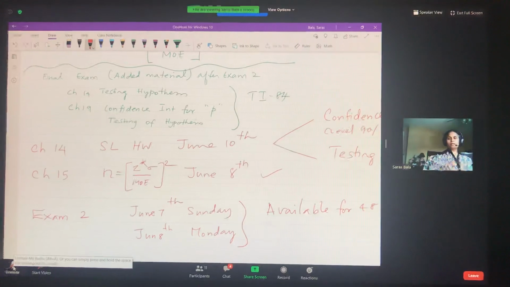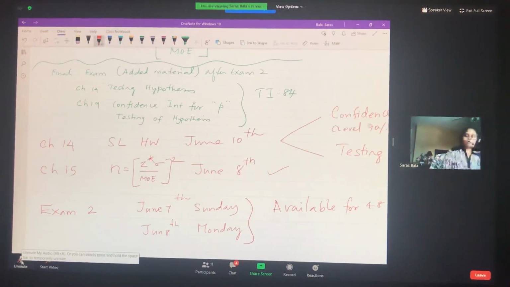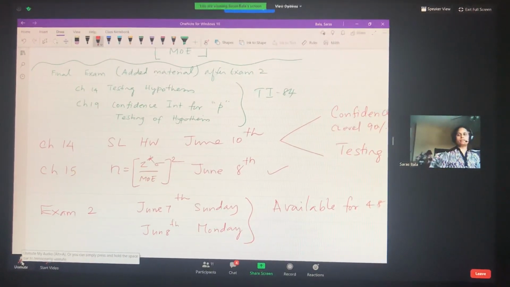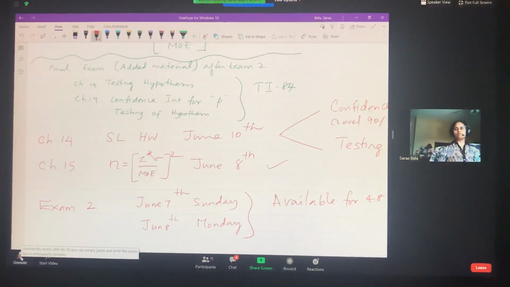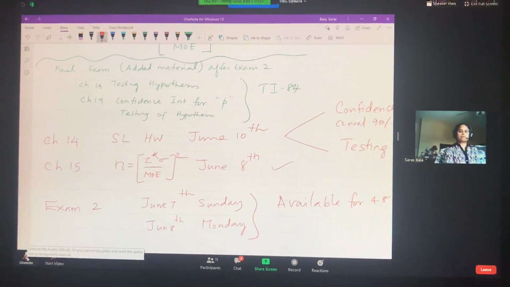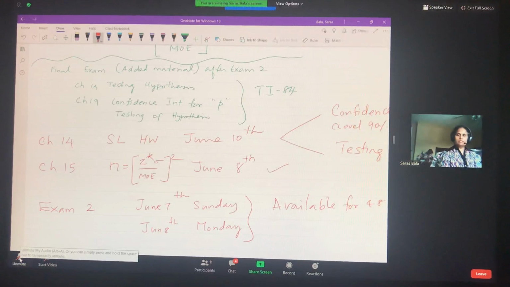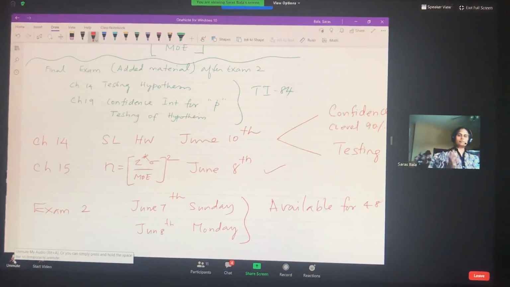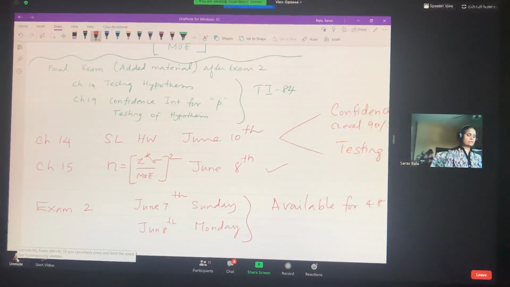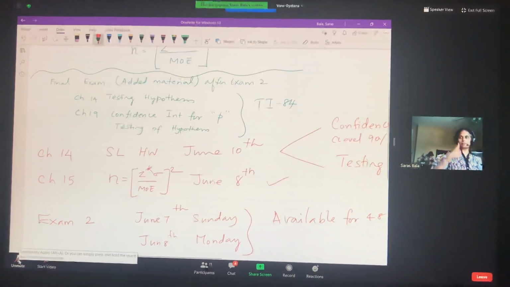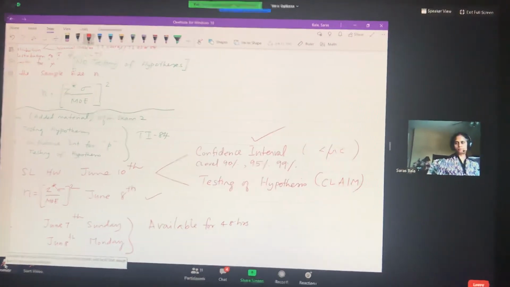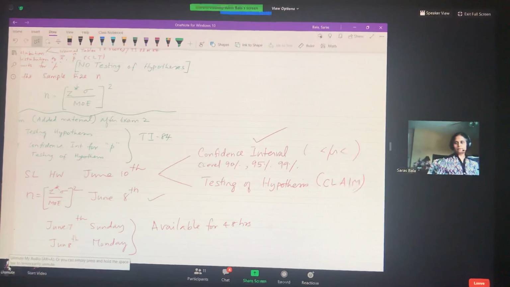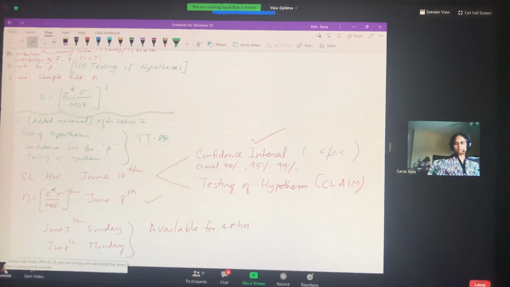But anyway, you can also do it the same day or the day before your exam, to get the feel of how the Chapter 15 questions look. Okay? So for the part of your Chapter 14, as long as the question is talking about the confidence interval, you should be able to do that. Make sense?